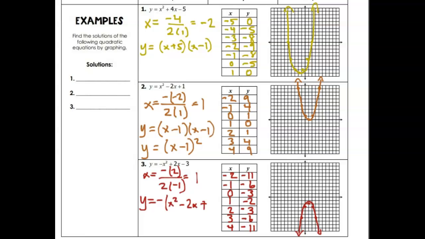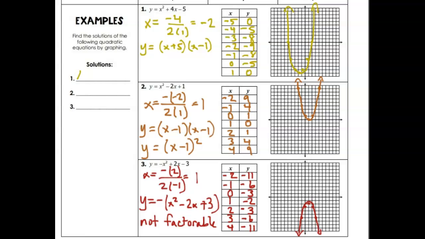If you try to factor x squared minus 2x plus 3, you'll find that there are no combinations that will work, so this is not factorable. But just because an equation is not factorable doesn't mean that it always has zero solutions.